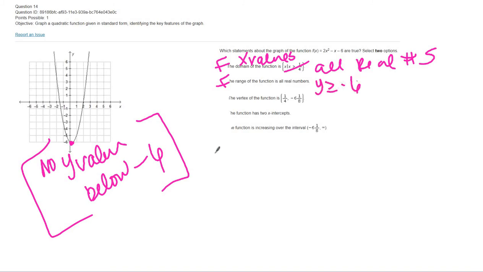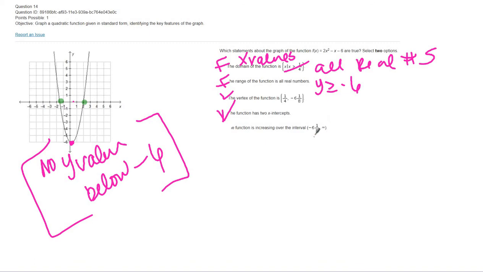The vertex is 1/4 and -6 1/8, so that looks about right because your vertex is right there. The function has 2 x-intercepts. That is correct. So there's an x-intercept here and an x-intercept here, so it does have 2 of them. And then the function is increasing over the interval -6 and 1/8 to infinity.